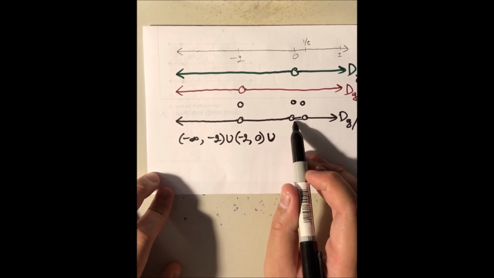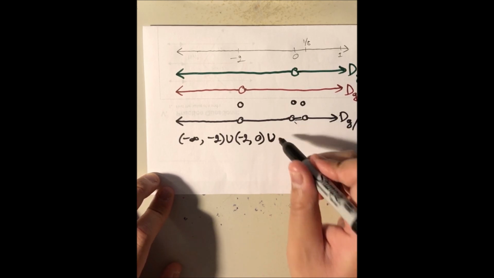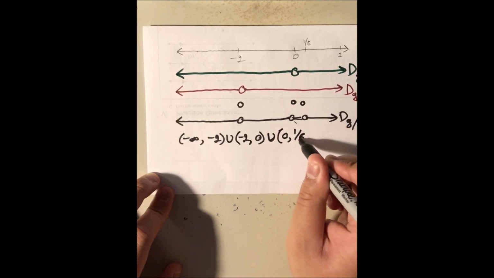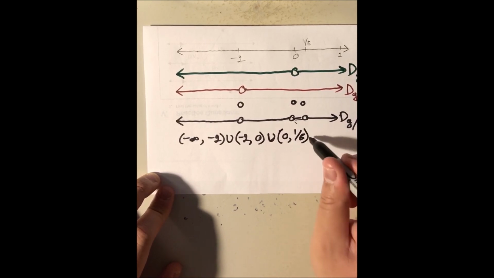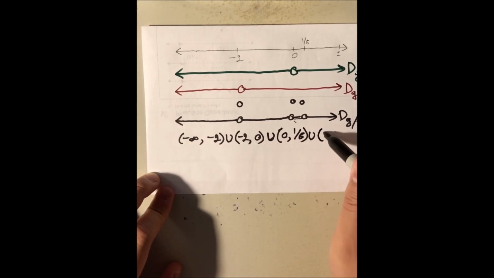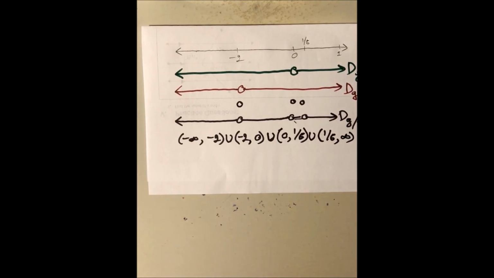This little part is from 0, but not including 0, up to 1 over 6, but not including 1 over 6. So that's another open interval. And then union again to jump to this last part, from 1 over 6, but not including 1 over 6, all the way to positive infinity. And this is the interval notation of the domain of g over f.